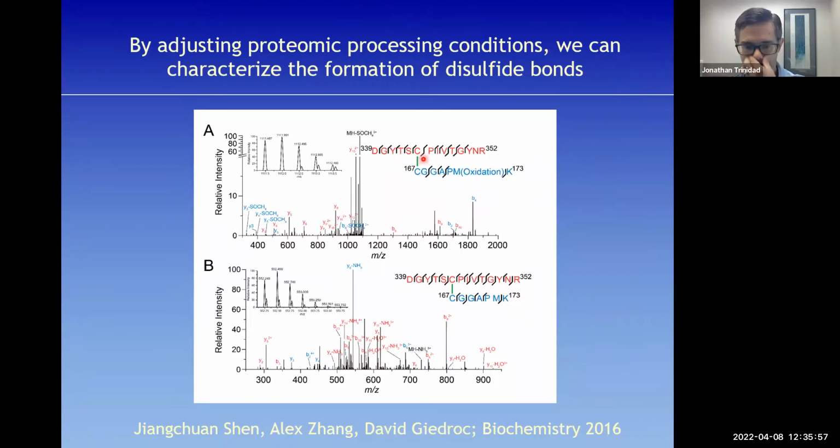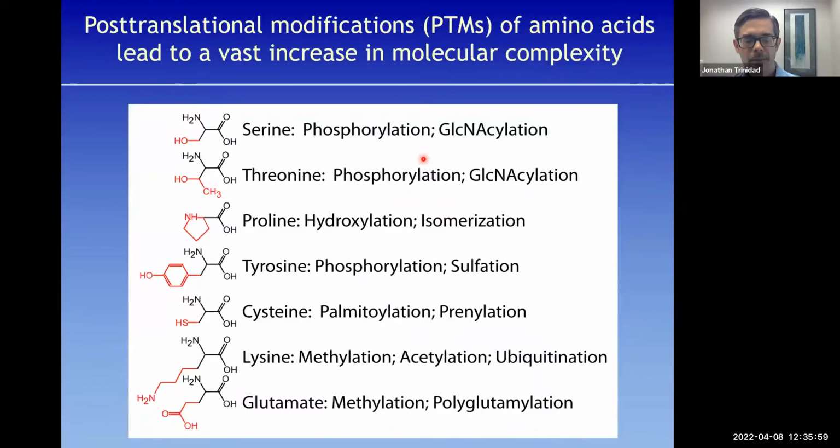All right, so post-translational modifications, I mean, there's hundreds of them. We typically talk about the obvious ones like phosphorylation, glycosylation, acetylation, and so forth. But this is a small cut from a larger figure that shows most side chains are modified one way or the other.